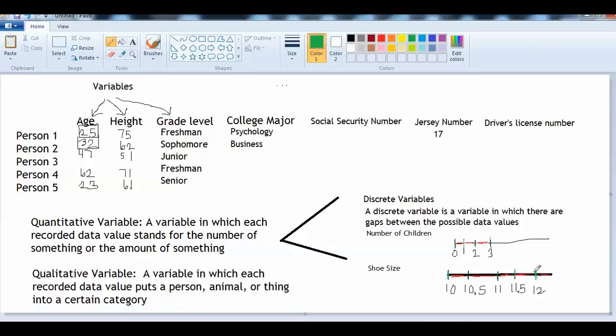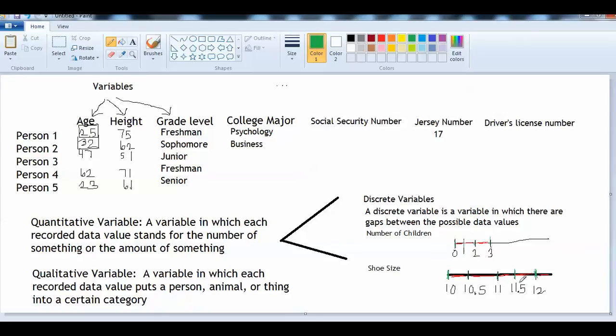If you're asking people, how much milk do you buy each time you go to the store? A person might say, I buy 10 gallons of milk, or I buy 10.5 gallons of milk, or if you buy a small container, I think they maybe sell quarter gallons.